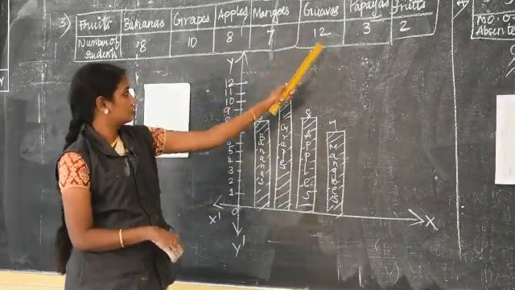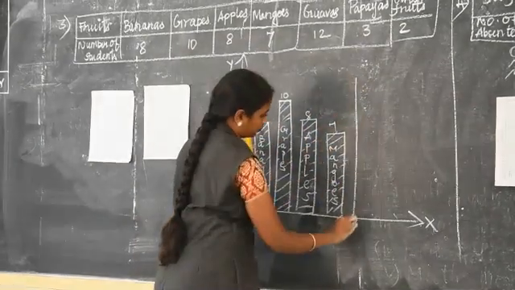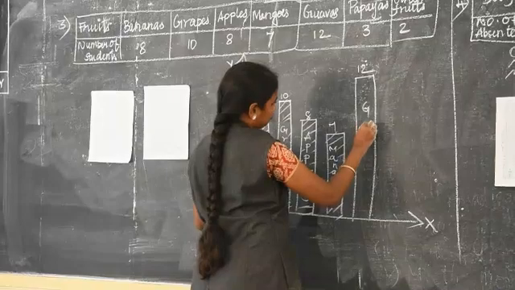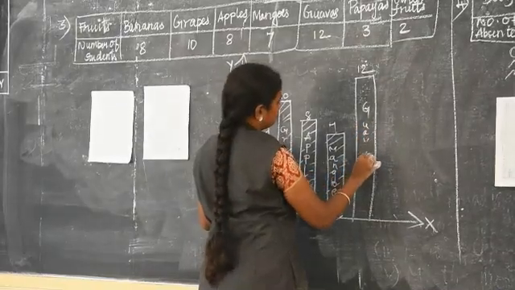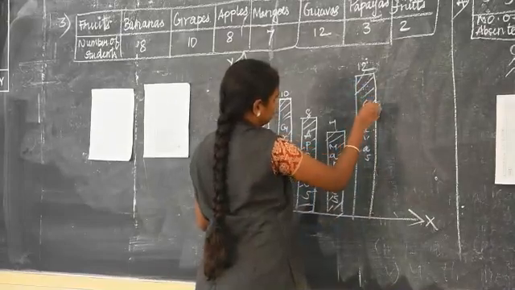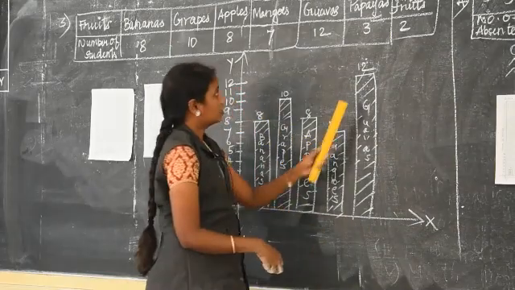Next, guavas 12. Here 12. This is guavas over.